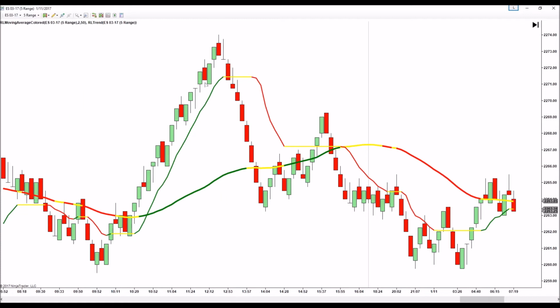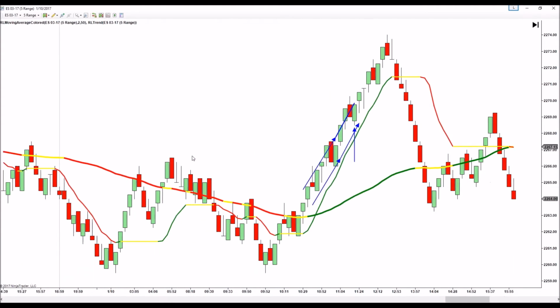This is just a nice series of single candle retracements. I mean, the channel doesn't help you much, but it forms right here. And you've got the channel right here.